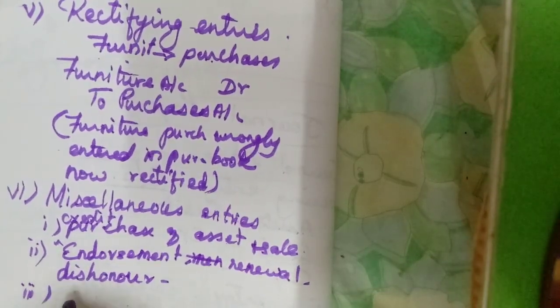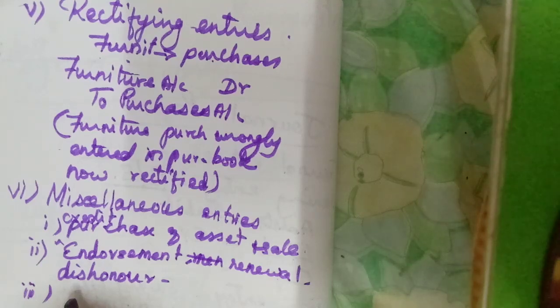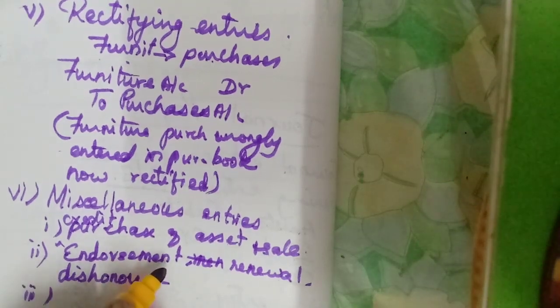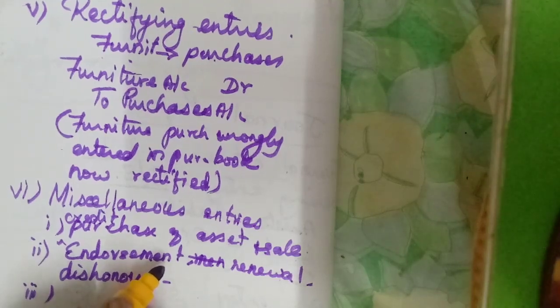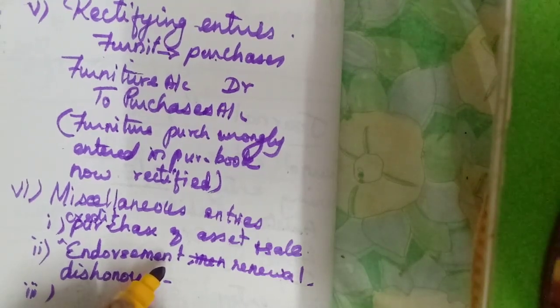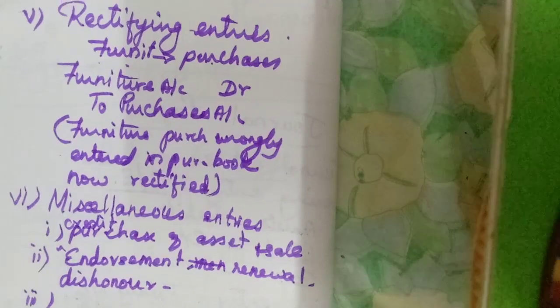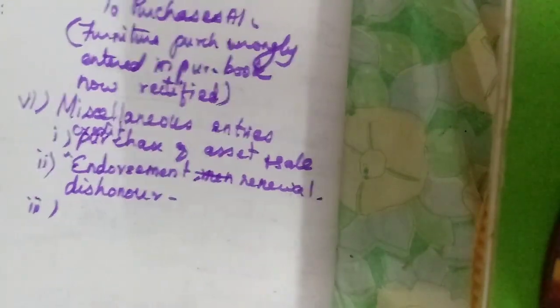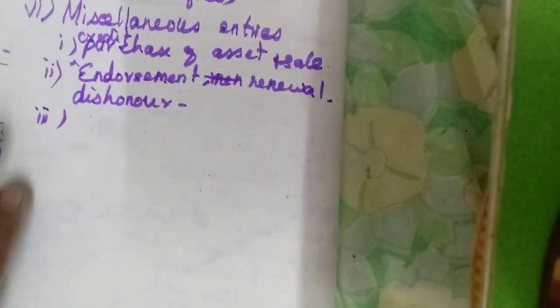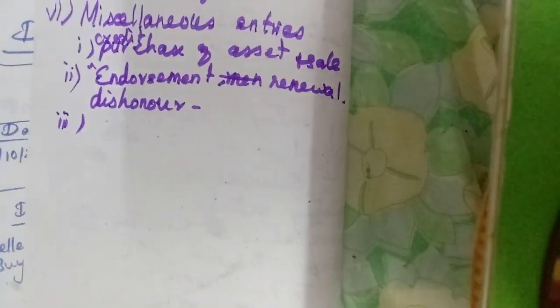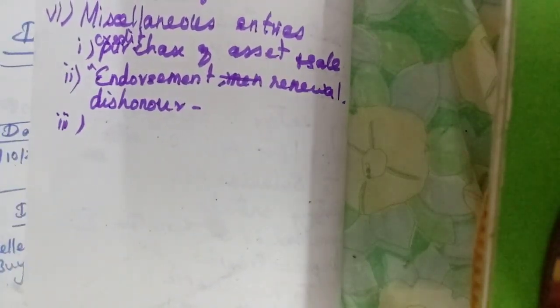Then many other adjustments. I told you, we will learn many adjustments in one lesson. Here we learned only one example, depreciation. Many other adjustments are there: closing stock, interest on capital, interest on drawings, bad debts, provision for doubtful debts, prepaid expenses, outstanding expenses, income accrued but not received, or income received in advance.